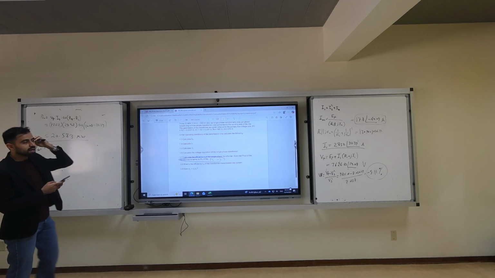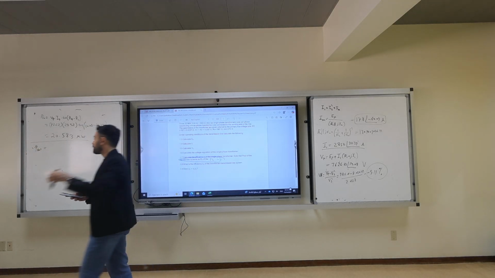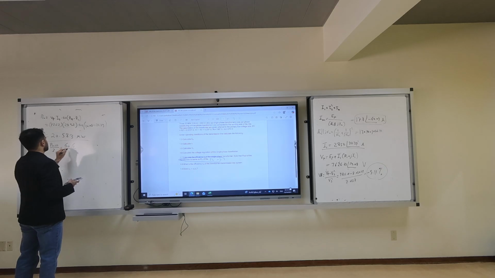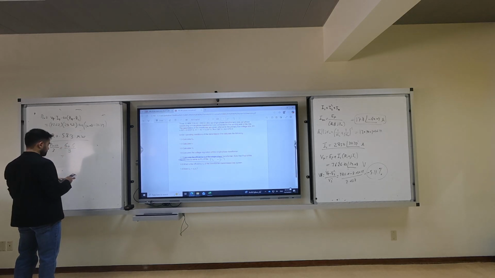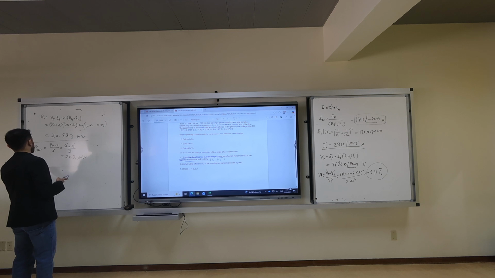So what is the P output of the transformer? You can calculate it actually using the P input of the transmission line PN TL divided by 3. I think it was 60.6 divided by 3. So you should get 20.2 megawatt. So what is eta 2? 20.2 over 20.58.